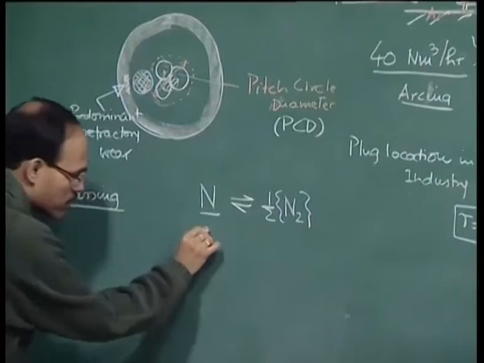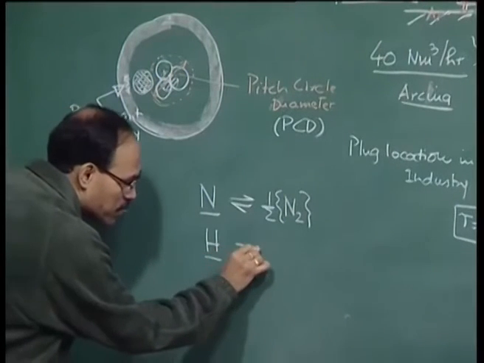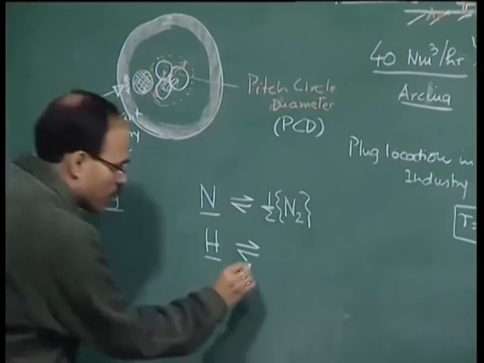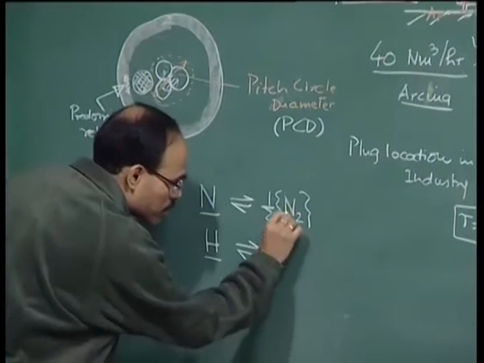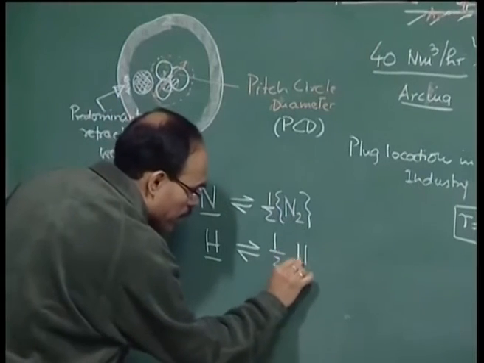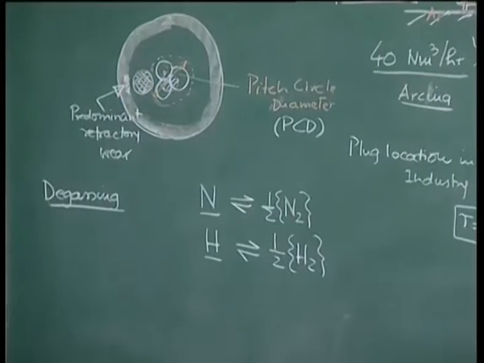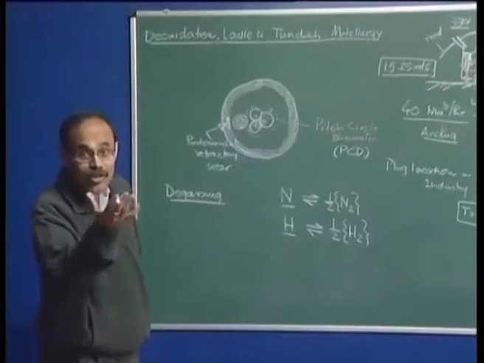Similarly, if you have hydrogen in the melt, then we have the equilibrium of this reaction, H going to half of H2. Similarly, under vacuum the carbon oxygen reaction can also shift.